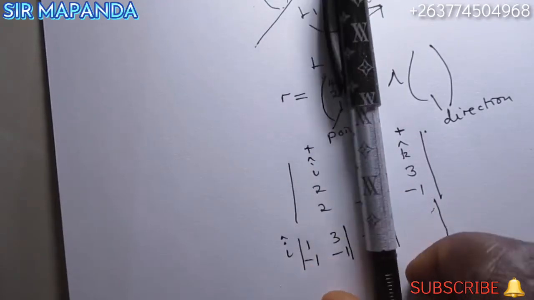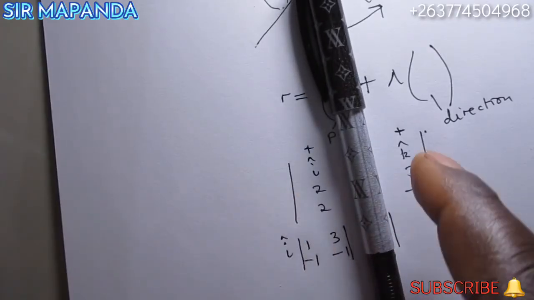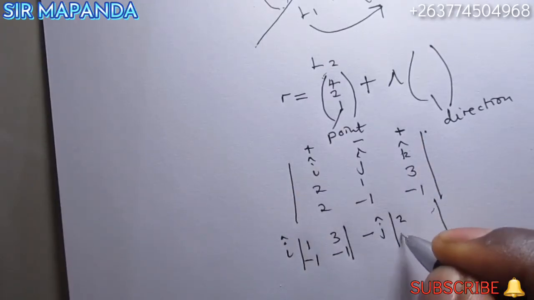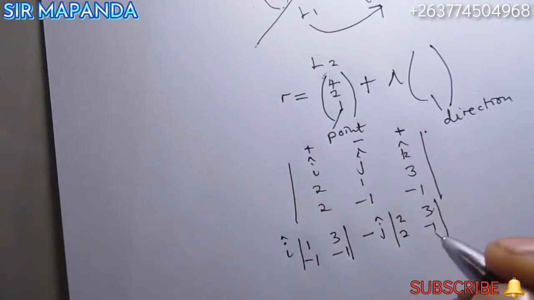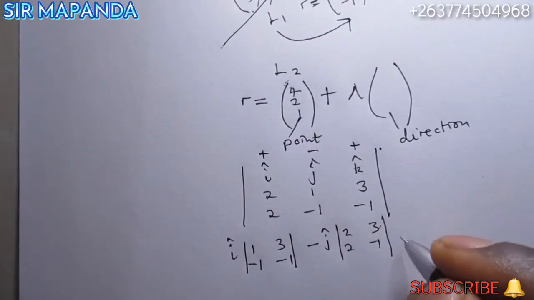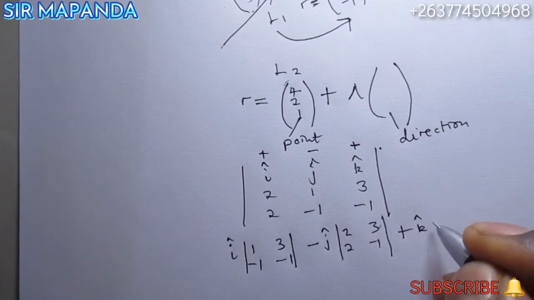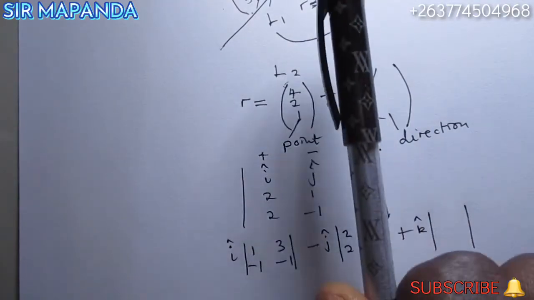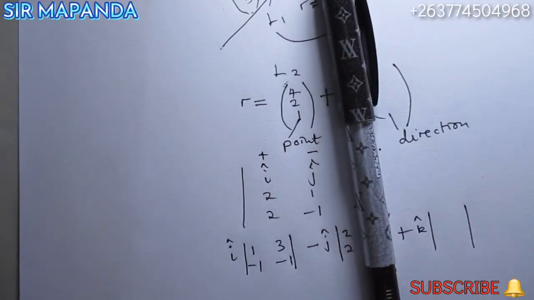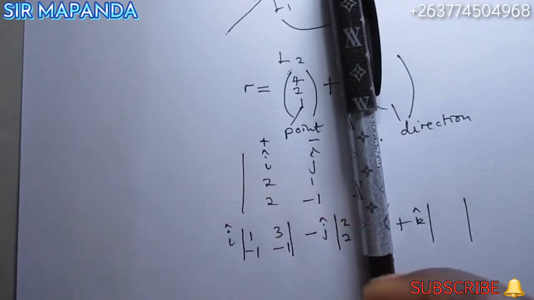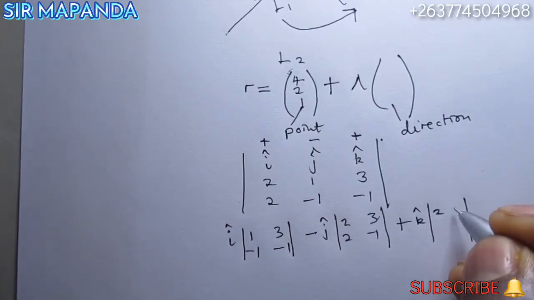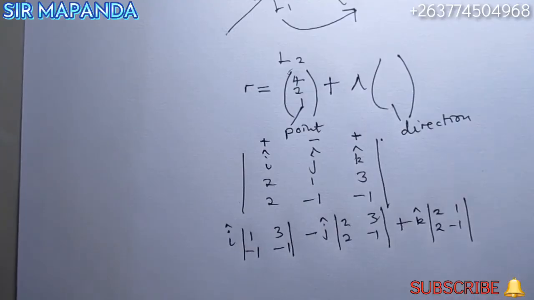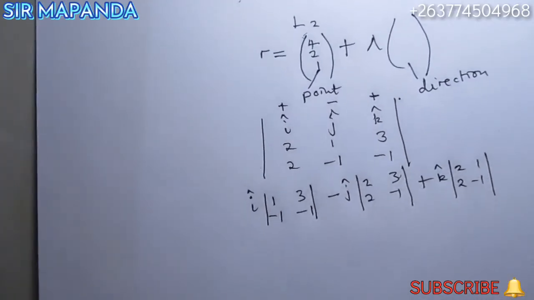The 2 by 2 is going to be 2, 2, 3, -1. 2, 2, 3, -1. Then you go for k. So the numbers not aligned to k in the second and third row are 2, 1, 2, -1. So you write 2, 1 and 2, -1. I hope you are following class, right?